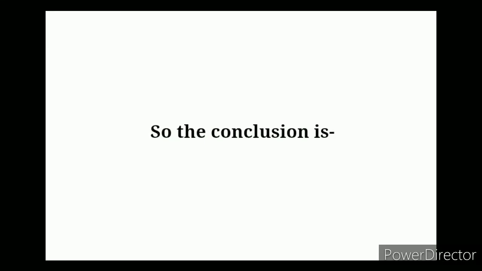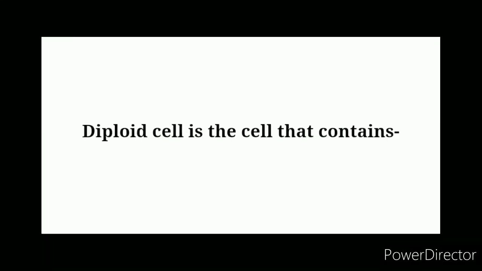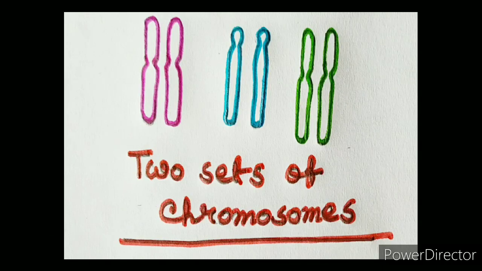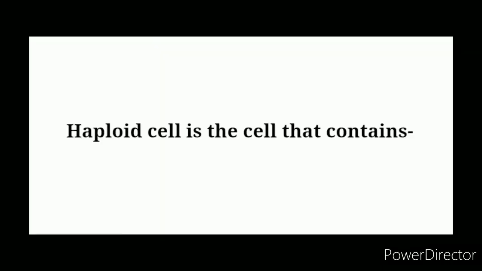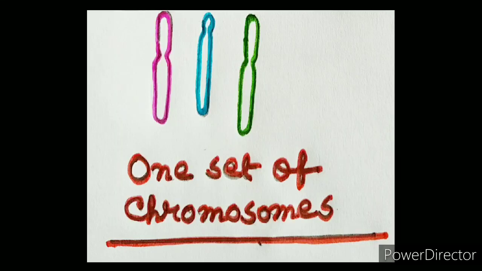So, the conclusion is, a diploid cell is the cell that contains 2 sets of chromosomes, and a haploid cell is the cell that contains one set of chromosomes, or a single set of chromosomes.